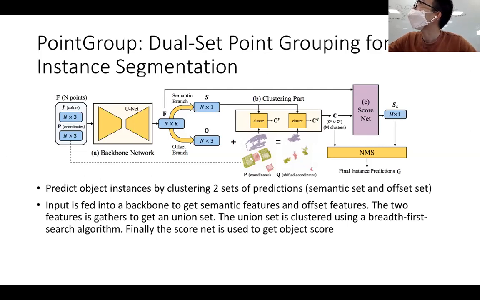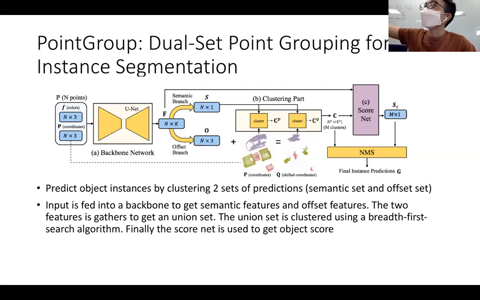And the second thing is the offset branch. The offset branch predicts how far the point is from its centroid. So if you have the offset branch, you can perform some transformation on the input to get clusters.